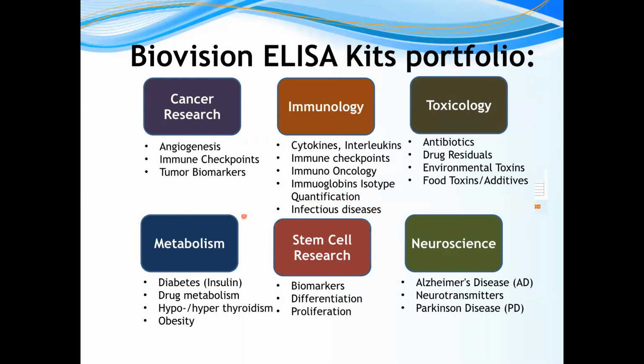We have a very broad product line of metabolism ELISA kits that includes the ELISA kits for the analysis of diabetes related analytes or antigens, drug metabolism, hypothyroidism or obesity, and many more, including small molecules like cGMP and several MMPs.